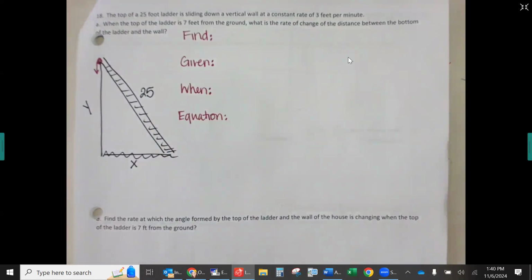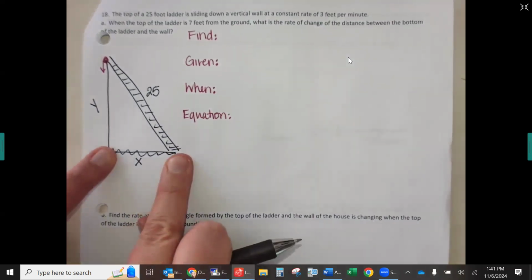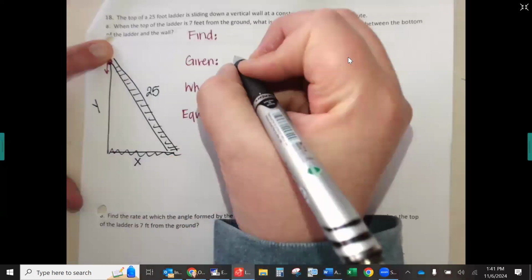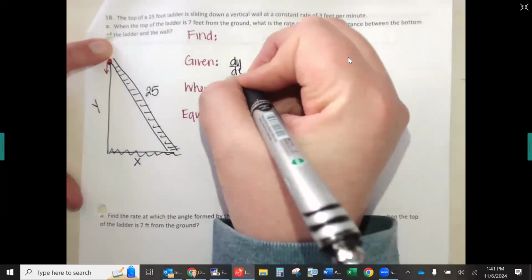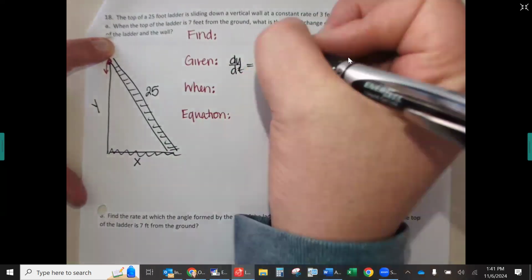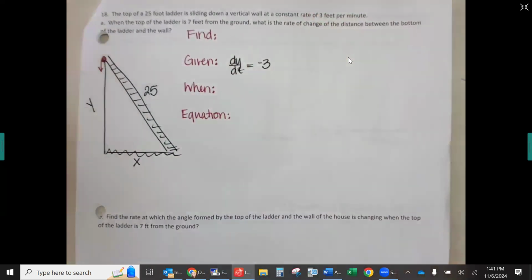What did they give you? dx dt or dy dt? dx dt is the base of the ladder, so it'd have to be dy dt. Now, one more question. Should the dy dt equal 3 or -3? Should be negative because as the ladder slides down the wall, this distance is going to be shortening. Okay, so that should make sense.